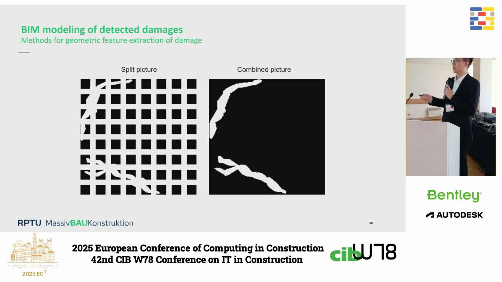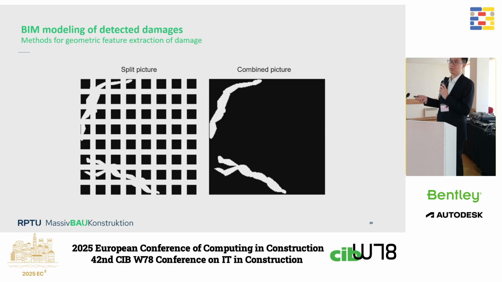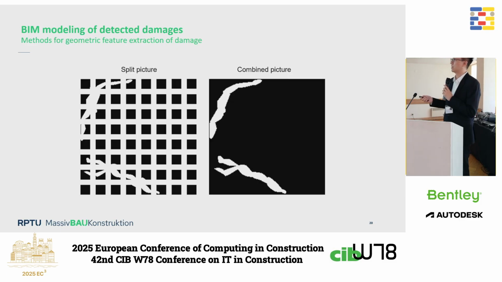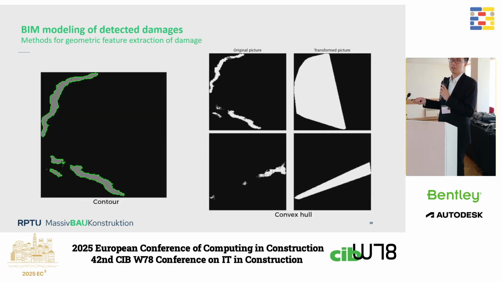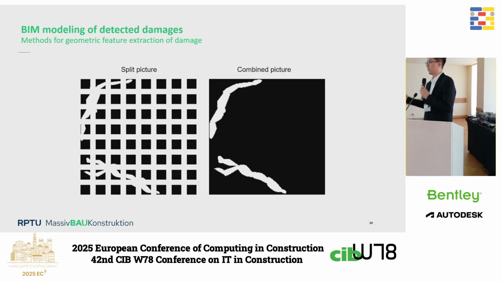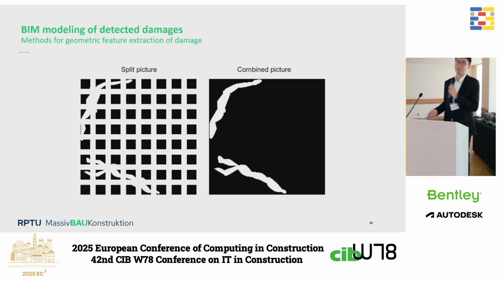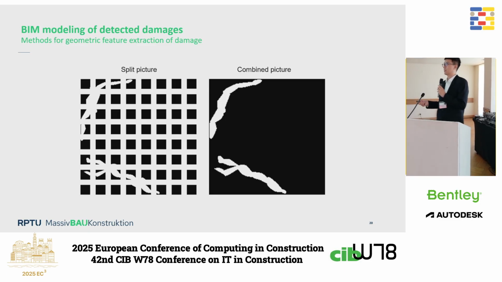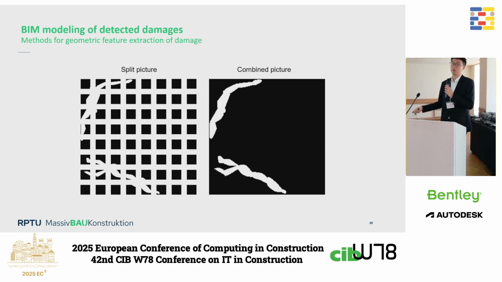Then we generate the convex hull for each smaller image, and in the end, we combine all the small images again into the total image. You can see that the result is much better than before. If you want even better results, you can split the picture into more and smaller images, such as 1028 images.